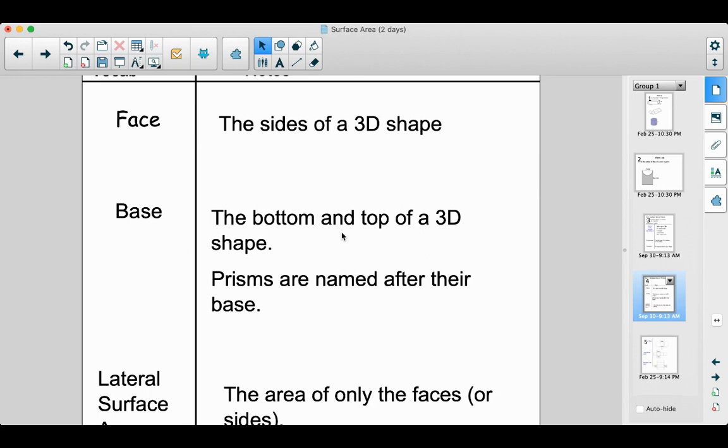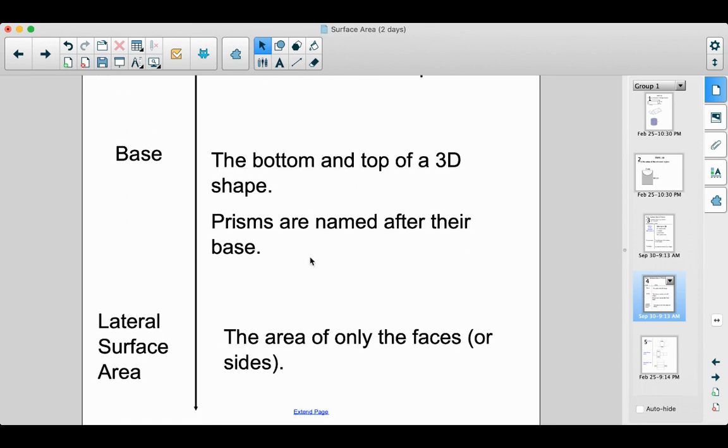Now, we're going to say bottom and top, but keep in mind, the surface area isn't going to change if you take a prism and put it on its side. So the bases might not be at the bottom and the top, but the bases are going to be congruent shapes that are parallel to each other. Remember, congruent means the same. We'll take a look at what that means when we start looking at some prisms.